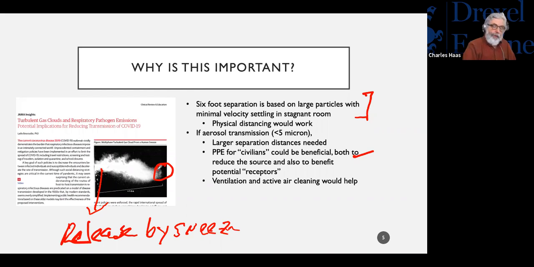Particles are released at high velocity, sort of as a jet, and even if they're large, they take time to settle out. So the issue of a 6 foot separation is really, at this point, dogma rather than science.